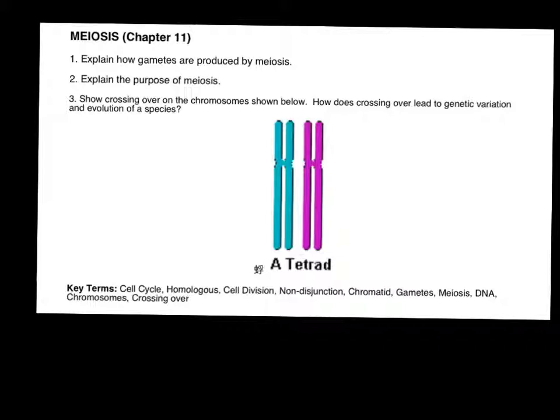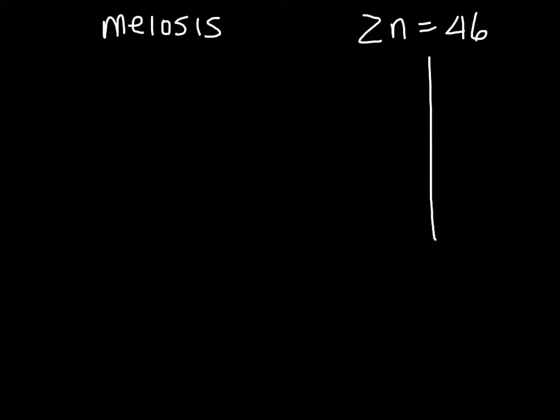So the first question, how gametes are produced. The first question is about meiosis. Look, I got a better pen. And with meiosis, it's important to remember that 2n equals 46. The end result of meiosis is that we're going to end up with cells where n equals 23.